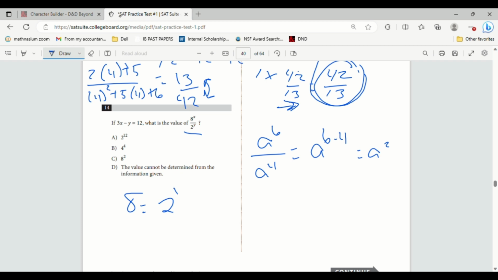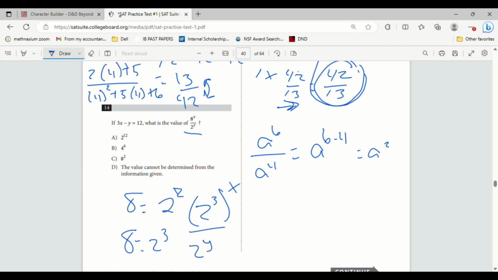We'll call it z. And so 2 to the what power equals 8? Well, 8 equals 2 cubed. And so we can rewrite our division problem as 2 cubed to the x divided by 2 to the y.